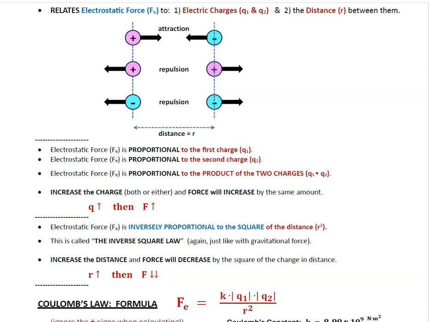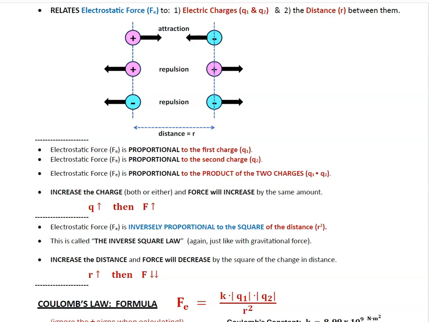That's not too surprising. And because it's proportional to both charges, it's also proportional to the product of the two charges. In other words, it's proportional to Q1, it's proportional to Q2, and it's also proportional to Q1 times Q2.